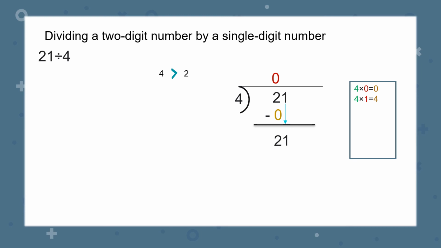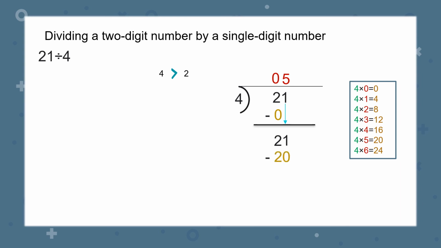Now we will say the 4 times table till we get the nearest number to 21. 4 2s are 8, 4 3s are 12, 4 4s are 16, 4 5s are 20, 4 6s are 24. 24 is bigger than 21. So we will take 4 5s are 20. So we will write 5 above 1 and we will write the answer 20 below 21.